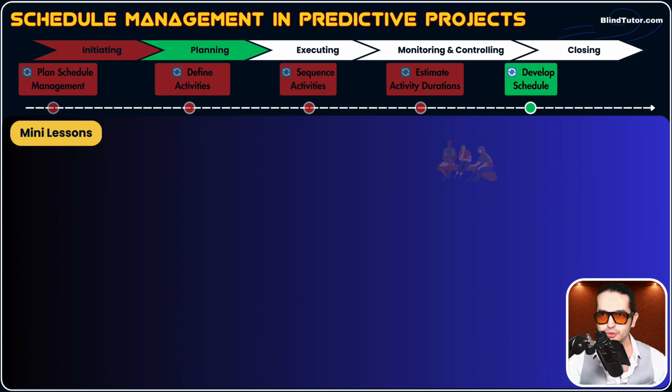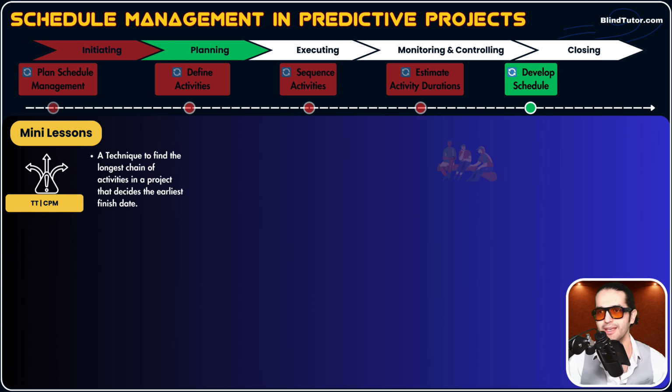We are in tools and techniques of develop schedule, and the main tool and technique we use is called CPM, critical path method. And what's critical path method? It's a technique that helps us know when we start activities and when these activities finish.